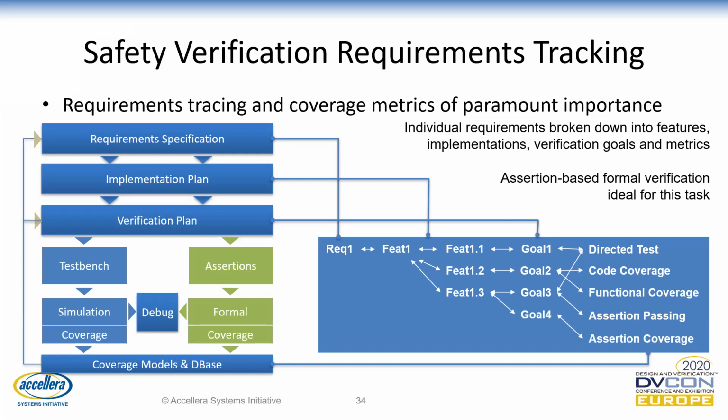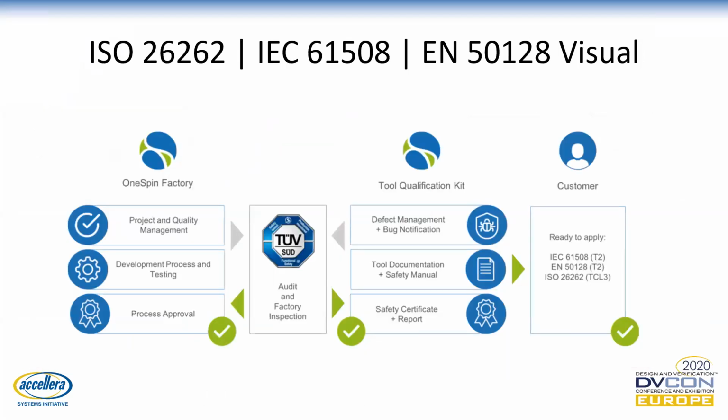There is no difference in the use model, and for that reason the tool qualification kit for ISO 26262 is provided by OneSpin, which passed the tool suite audit and factory inspection. The tool qualification comes with defect management, a bug notification system, a documentation safety manual, a safety certificate, and reports. They are ready to apply for TCL3 in ISO 26262.